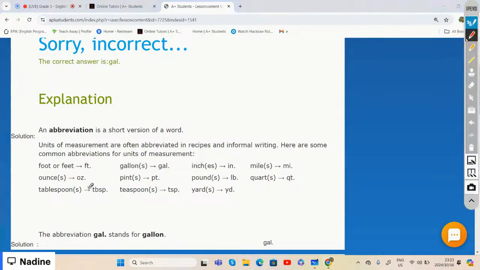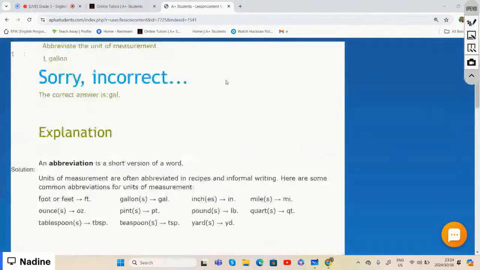And this we can abbreviate in recipes or in informal writing. All right. So now we're going to our test.